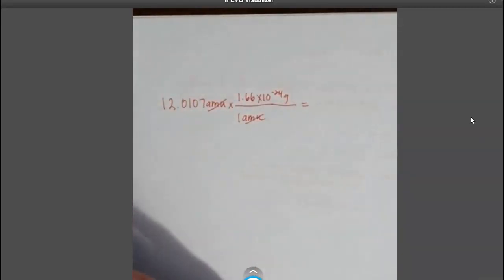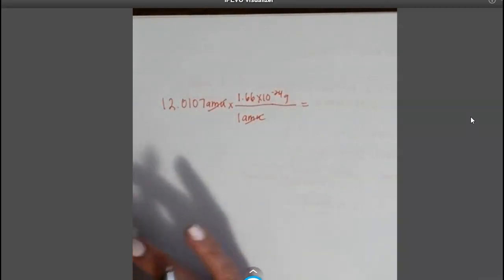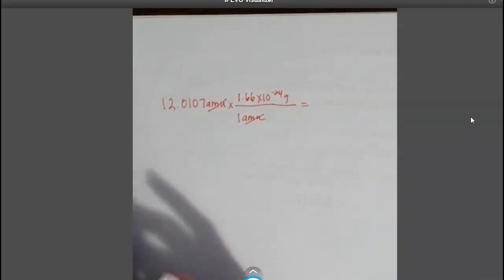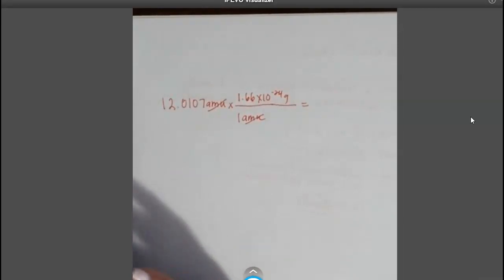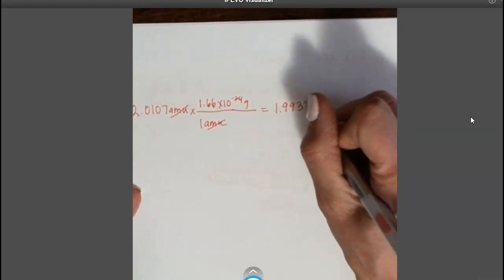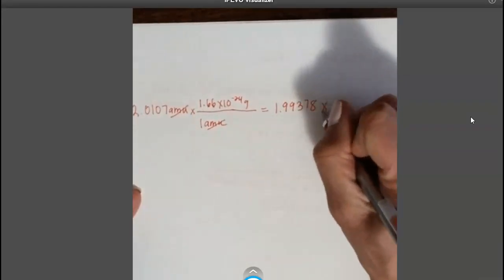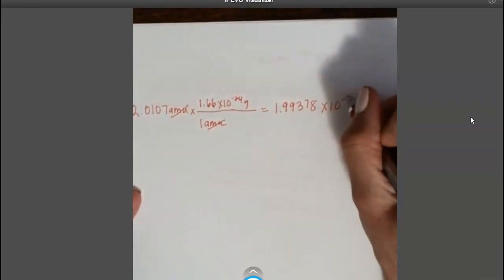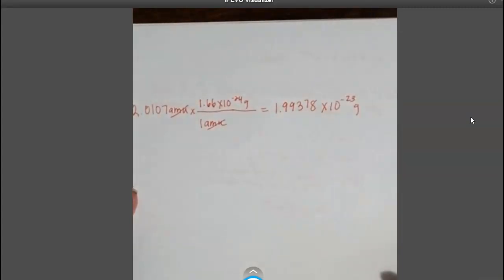So 12.0107 times 1.66 times 10 to the negative 24 will give me a mass of 1.99378 times 10 to the negative 23rd grams.